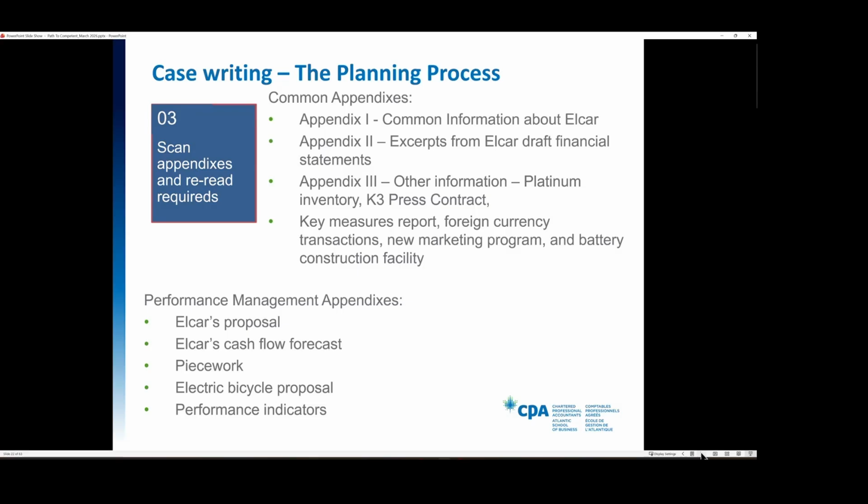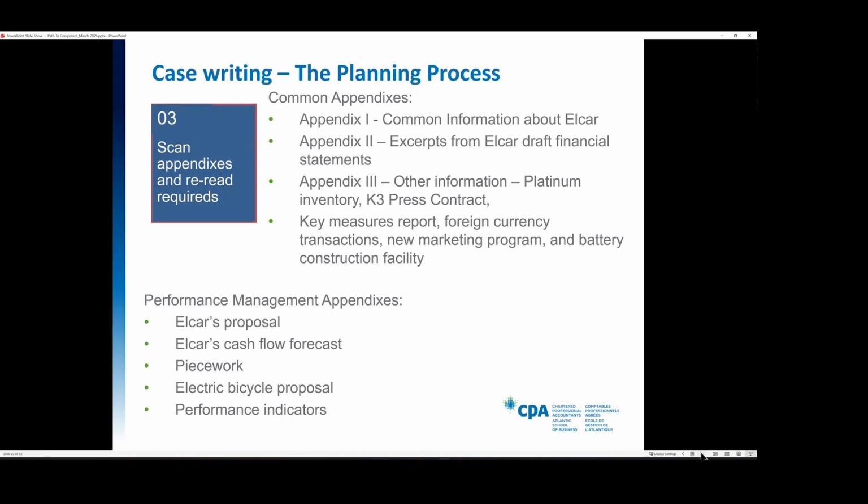A lot of the information around the management assessment opportunity, accounting opportunities, and financial reporting opportunities is all in that appendix. When I scan the performance management appendices, there's information there too: Elgar's proposal, great, I need that; Elgar's cash flow, yes; piecework, the electronic bike proposal, and the performance indicators.